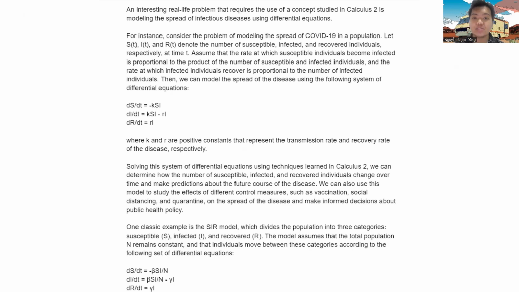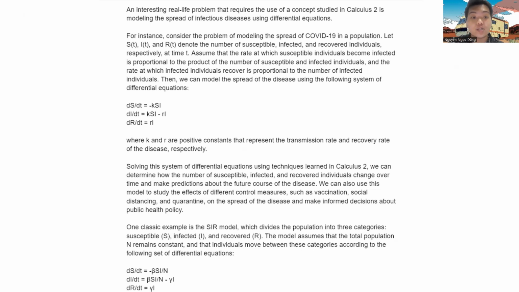Assume the rate at which susceptible individuals become infected is proportional to the product of the number of susceptible and infected individuals. The rate at which infected individuals recover is proportional to the number of infected individuals.